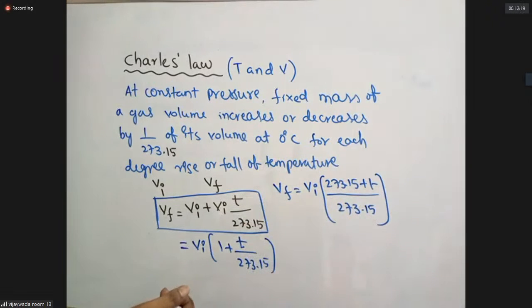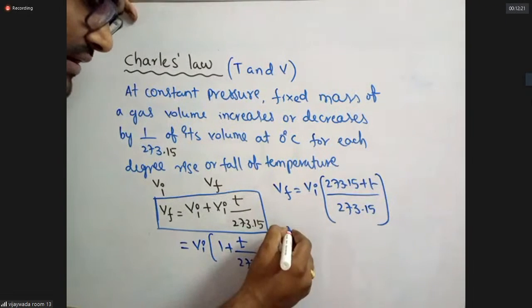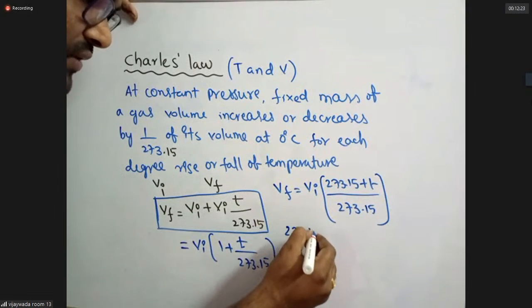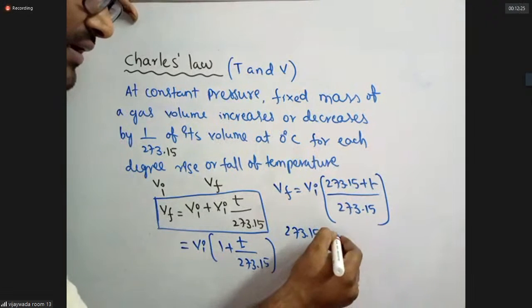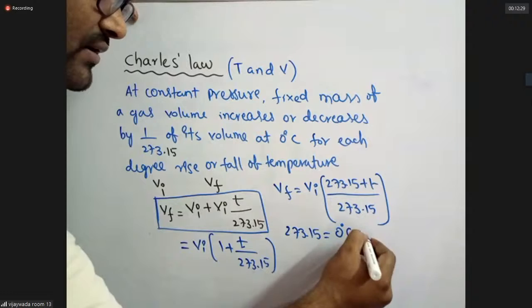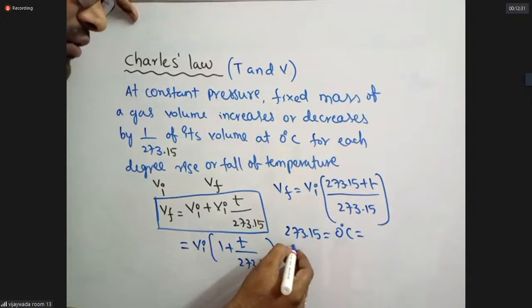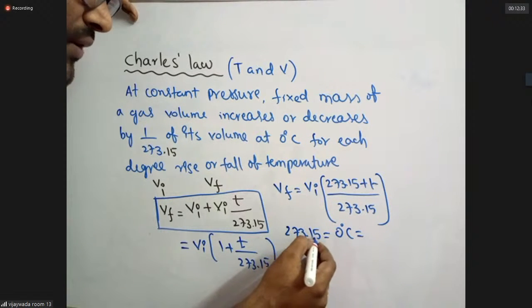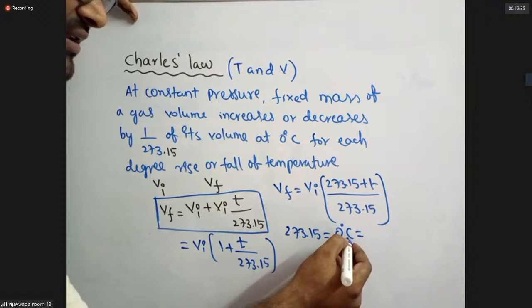He considered 273.15 to be 0 degrees Celsius, and he denoted this 273.15 equal to 0 degrees Celsius.